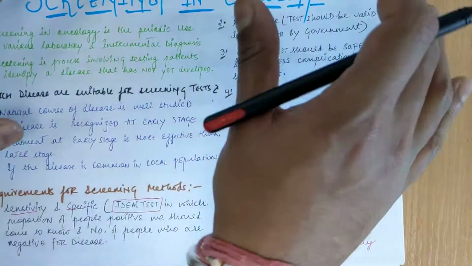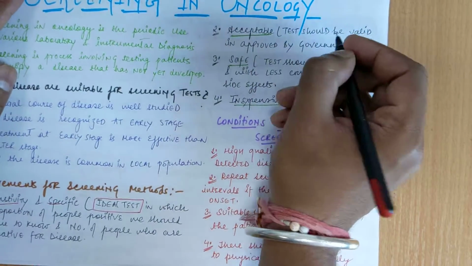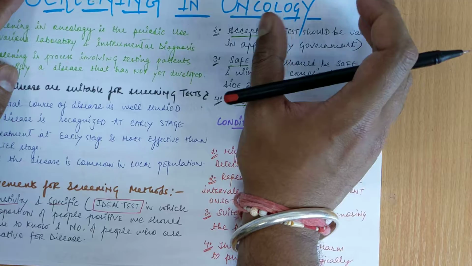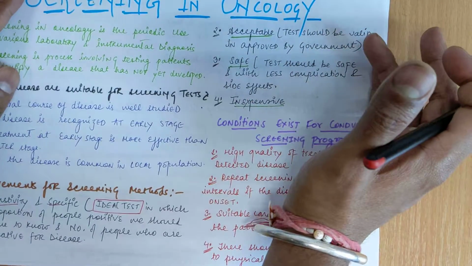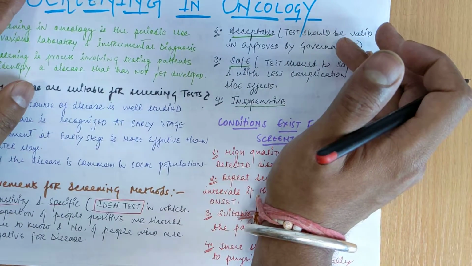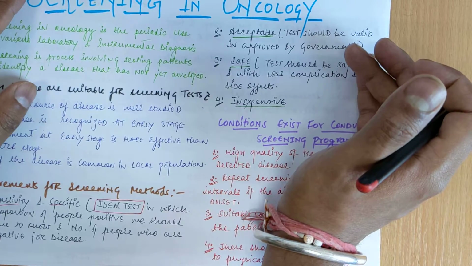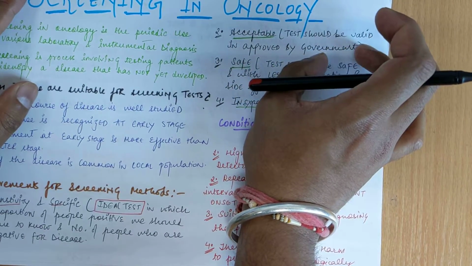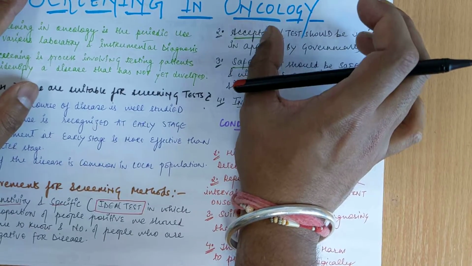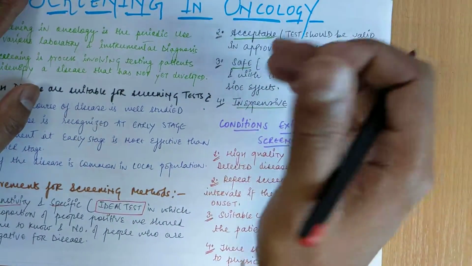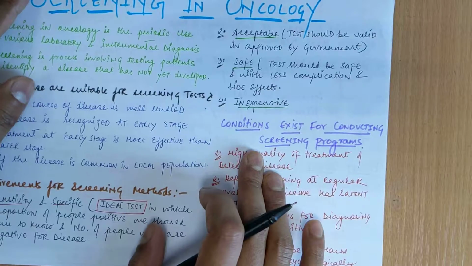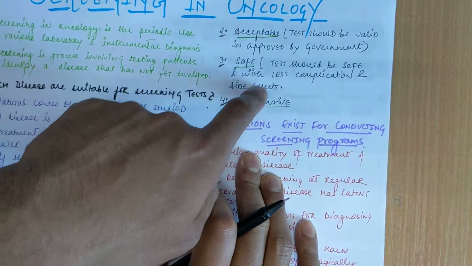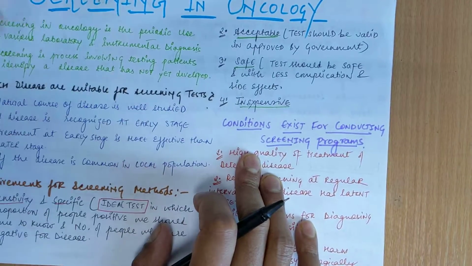Okay. Now, acceptable means the test should be valid and approved by the government. It shouldn't be a test produced by black means or any other way. It should be well planned and written by the government or the medical organization that this test is acceptable. Now third, the test should be safe, with fewer complications and side effects.